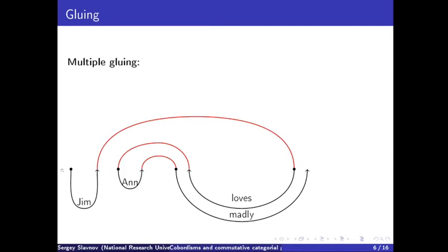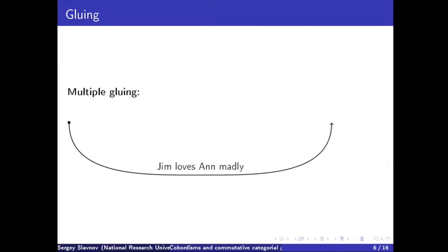And so the question is how to read its label. Well, we read it according to the prescription, starting from the start. So it goes Jim, and then we jump to loves, and then N, and then medley. So Jim loves N medley. That is how it works.